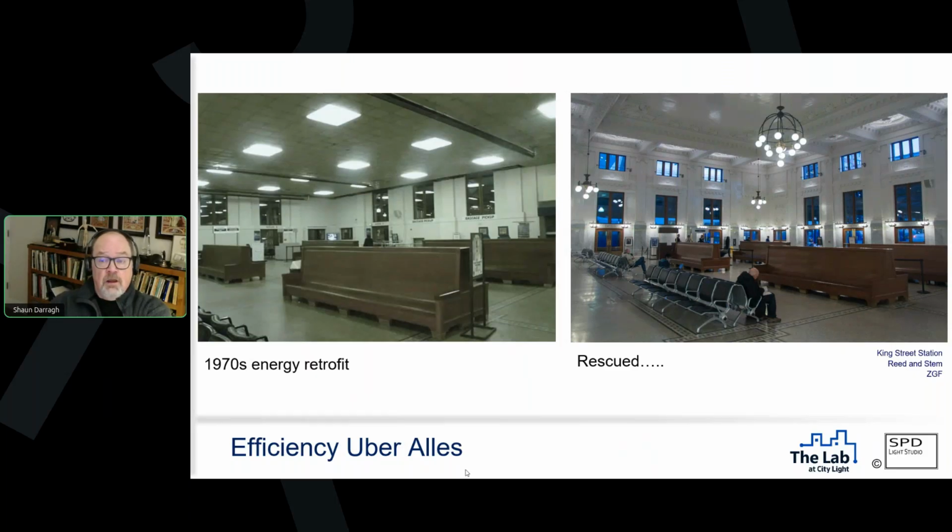Sound familiar? Well, this building that was created in 1906 by Reed and Stem architects, the same architects that did Grand Central in New York, had this beautiful, beautiful ceiling, and it was beautifully daylighted. It's a wonderful, wonderful building.